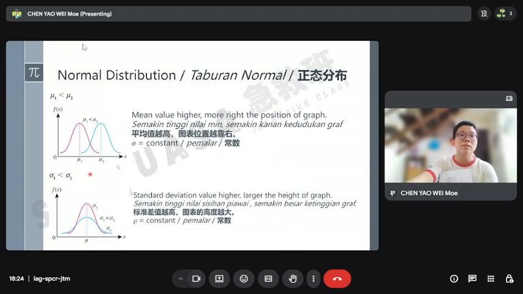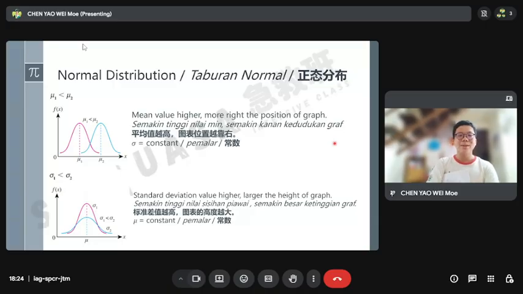But you need to know, one of them must be kept constant. When the mean changes, the standard deviation stays constant, and when the standard deviation changes, the mean stays constant. Only one will move. And this is for the normal distribution.